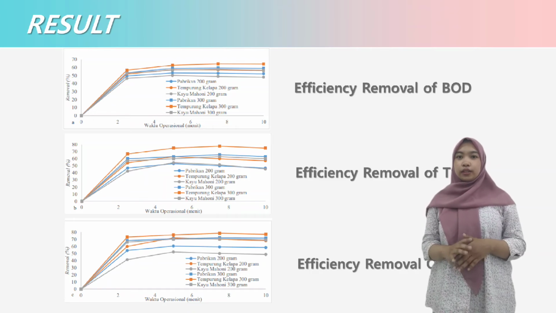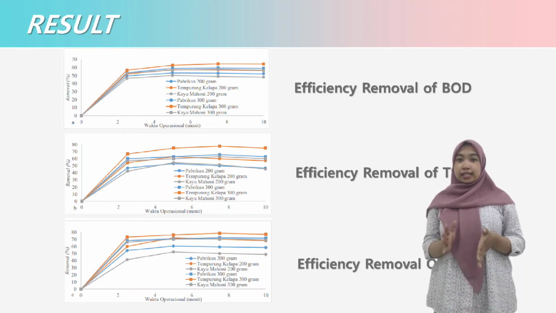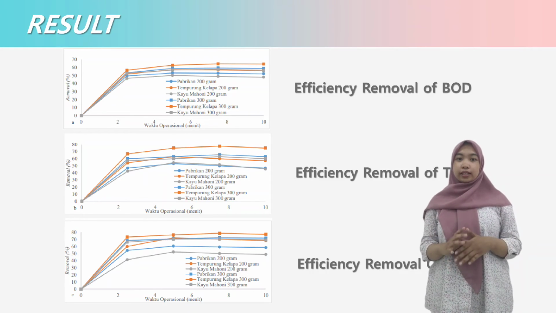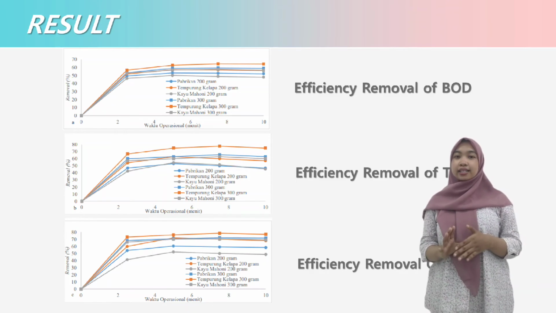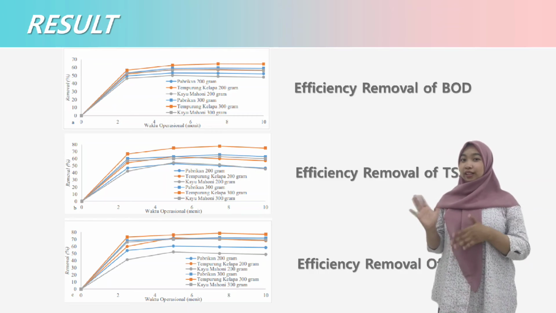The result of the analysis shows that the removal efficiency of BOD, TSS, and turbidity of coconut shell activated carbon with a mass of 300 grams for 7.5 minutes is the highest compared to other types of activated carbon.